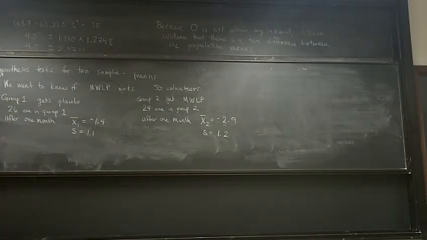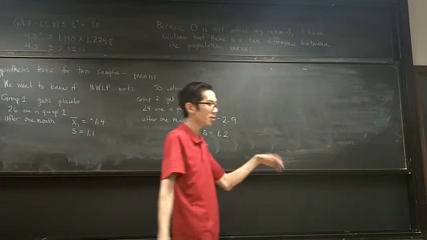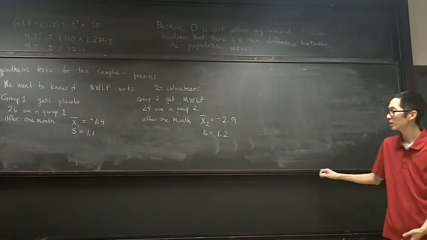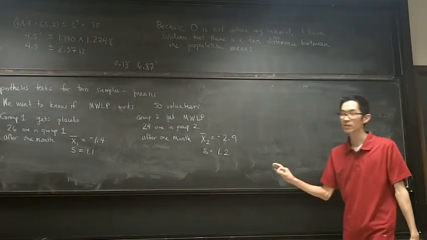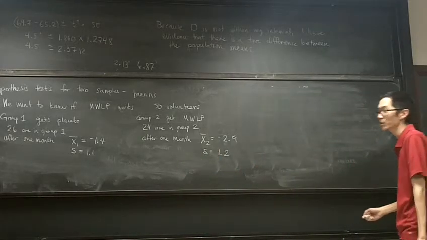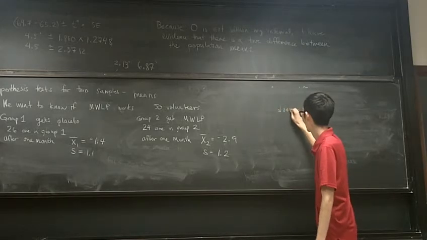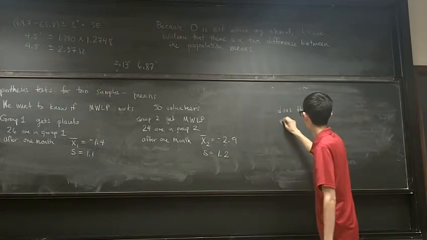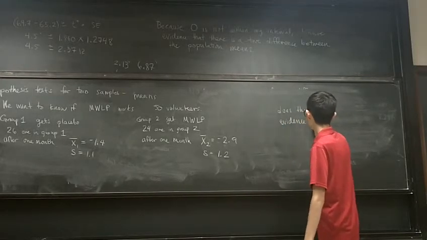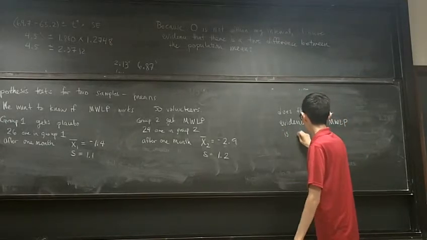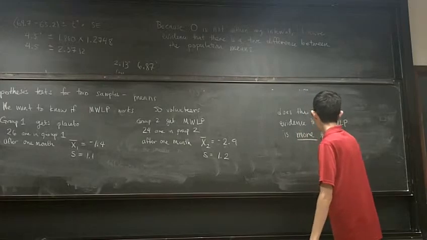Okay, so those who took the placebo lost an average of 1.4. Those who took the miracle weight loss pill lost an average of 2.9. Okay, so does this data provide evidence that the miracle weight loss pill is more effective than placebo? We'll say more effective.